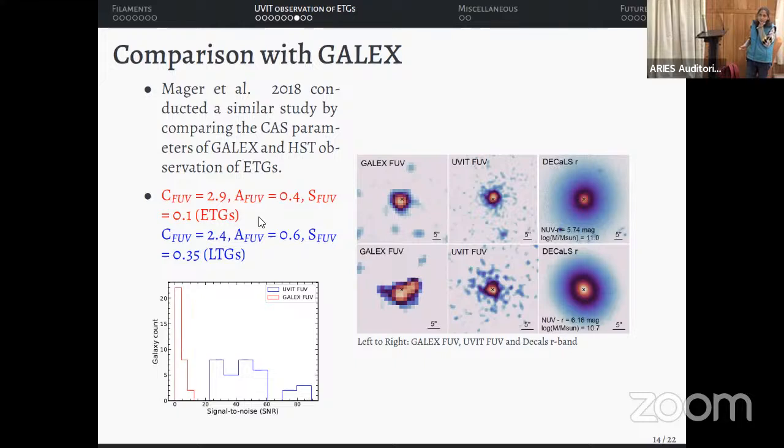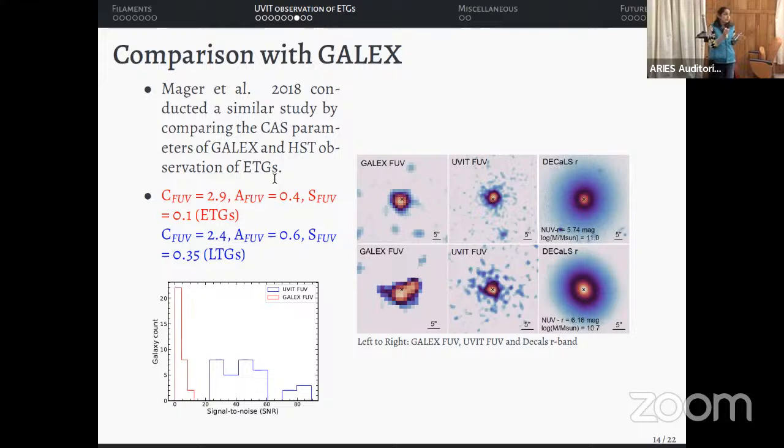They reported it to be a bit higher, but the smoothness was low. And this is for late type galaxies. This is something that we know, but this was something new. We were not supposed to see asymmetry in elliptical galaxies for FUV because they were dominated by old stellar population.